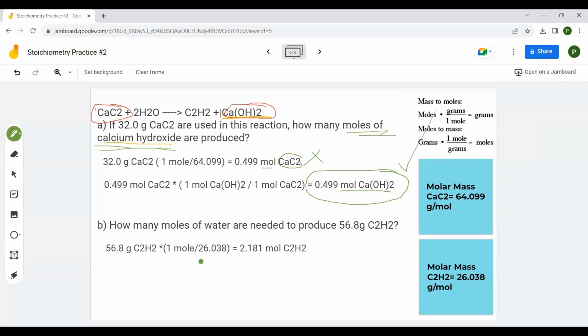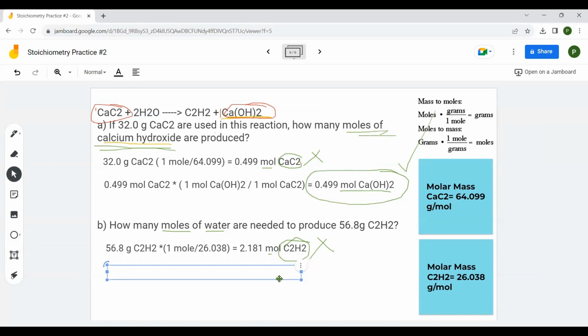Now with my trusty green pen, I'm going to check. We want moles of water. I have moles, but this, my friend, is not water, so we are not done. Now we can start working on our ratios to see how much water would be produced with this amount of C2H2.